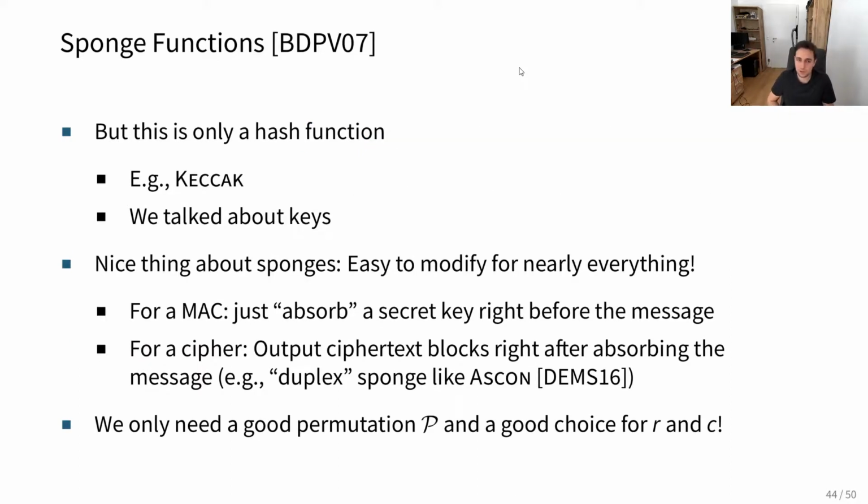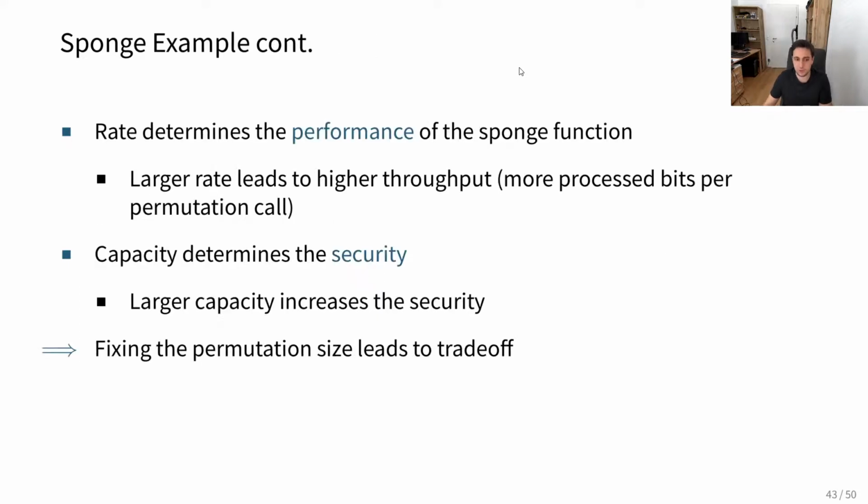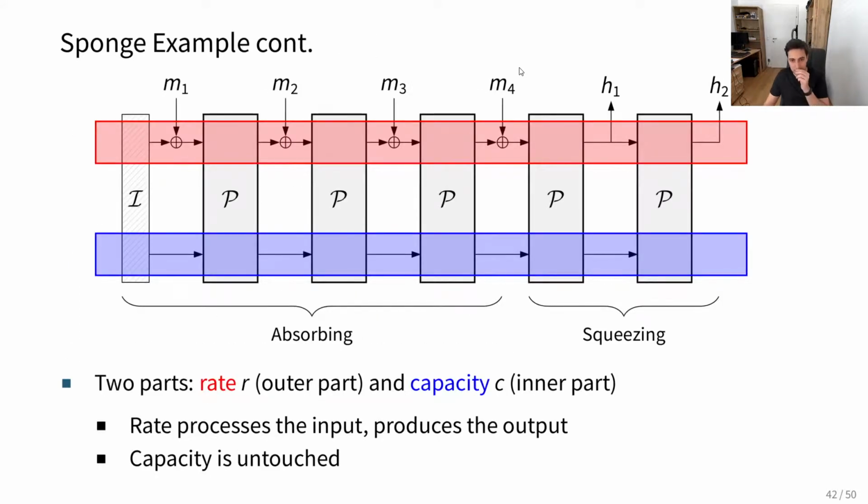But this is only a hash function, right? And it's actually not really a hash function, because it's a fixed size input and a fixed size output. A fixed size output we can live with, but a fixed size input is not really nice for a hash function. This is only for illustration now, and maybe we'll change the slide because it's not really correct.